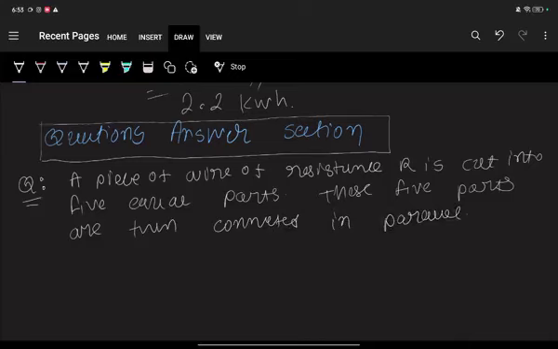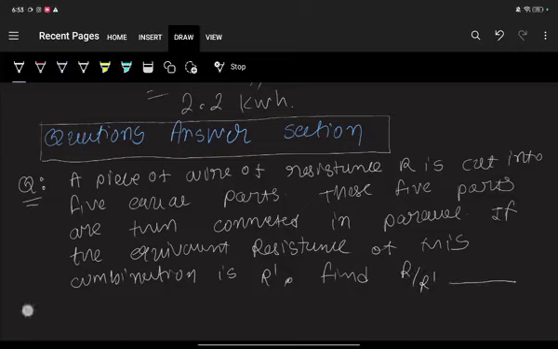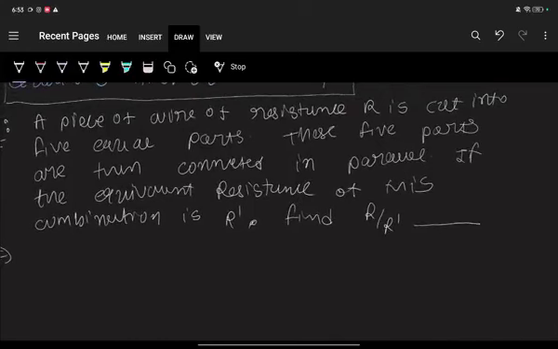If the equivalent resistance of this combination is R dash, then find R by R dash. Can you do this? Tell me the answer.